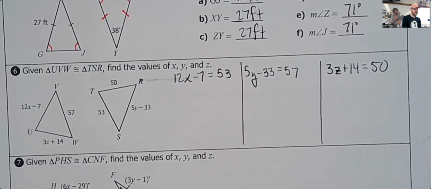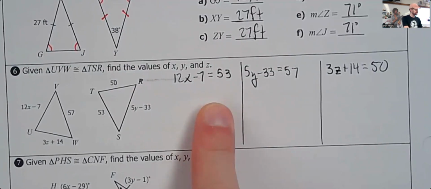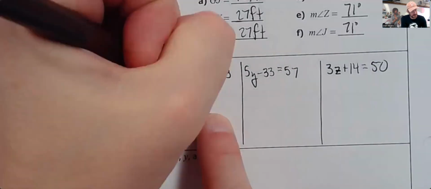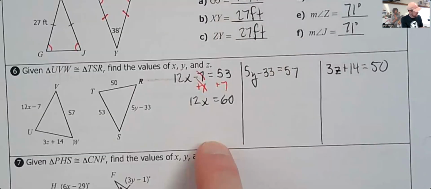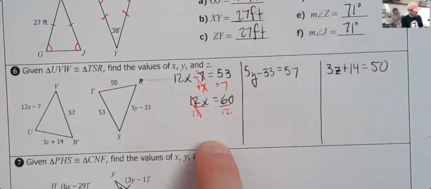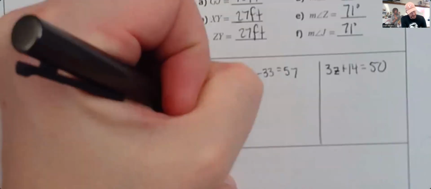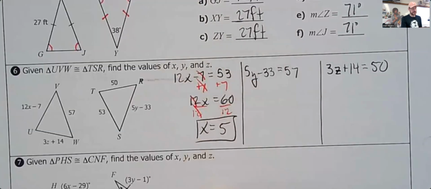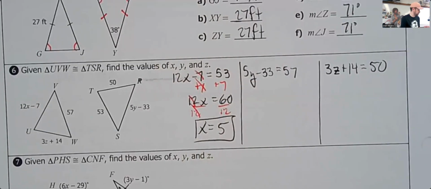Two-step equations. Solving for x, what do we do first? Plus 7. All right, 53 plus 7 is 60. 12x equals 60. Now what? Divide. What does x equal? 5. Nice. X equals 5. All right. For y, what do we do? Add 33. All right.